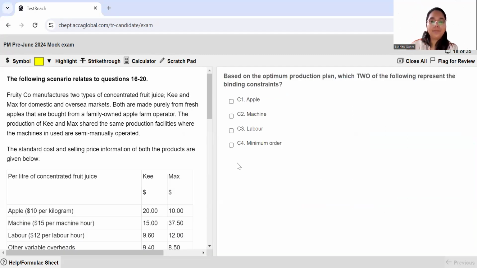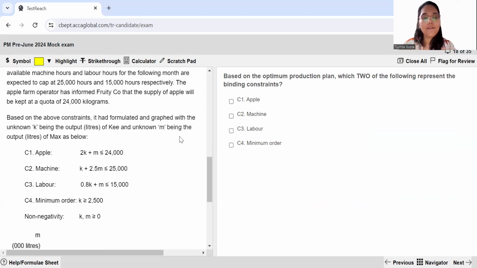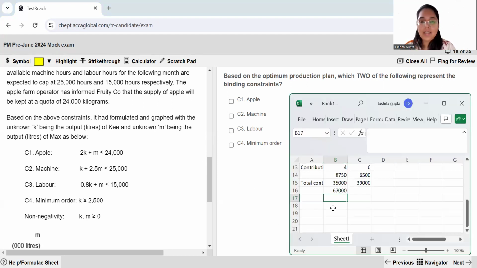Moving ahead, based on the optimum production plan, which two of the following represent the binding constraints? Binding constraints are the ones which are causing you the most problem. So if you see the values that you have gotten, let's see which constraint is being utilized how much.